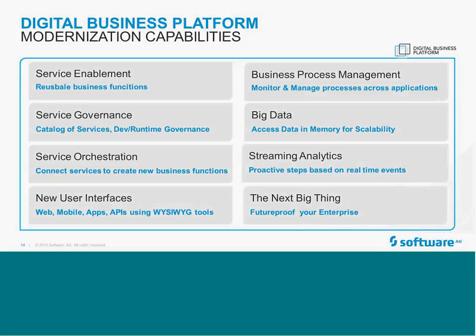With that, let's talk about modernization and the capabilities that you need to modernize your current legacy application. We'll start here in the upper left and work our way down.